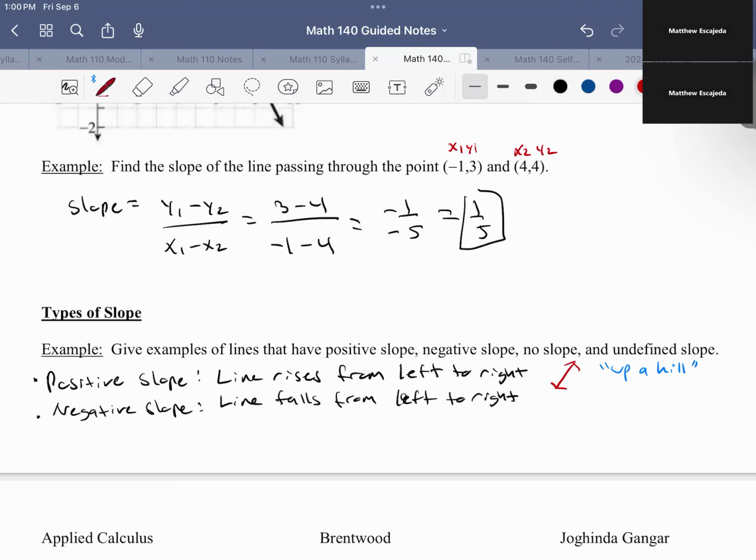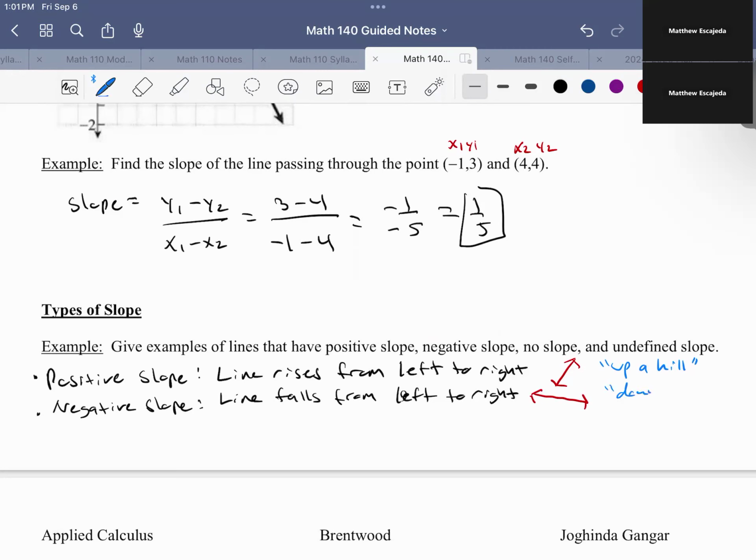It would look something like that. Now you're going down the hill. Maybe I can make this a little steeper. Something like that. You're going down the hill.